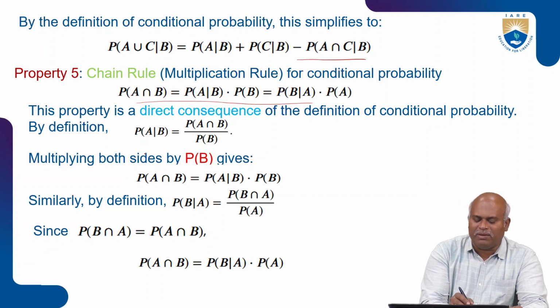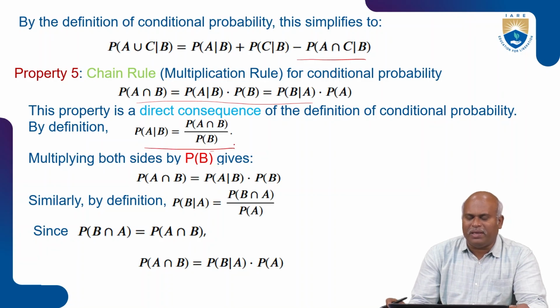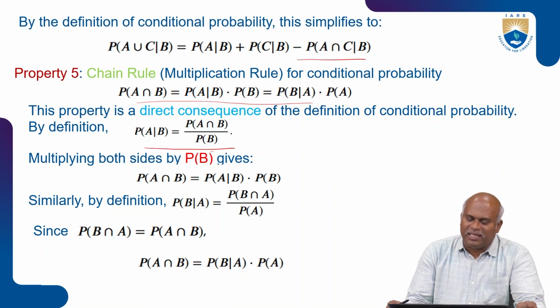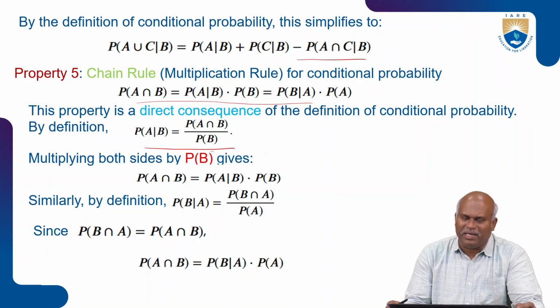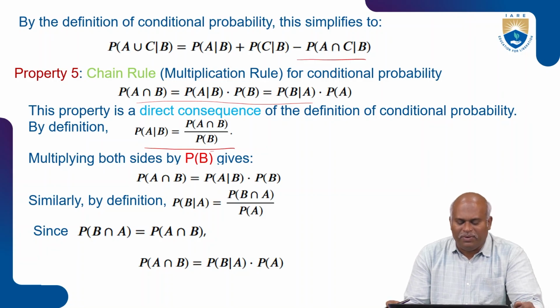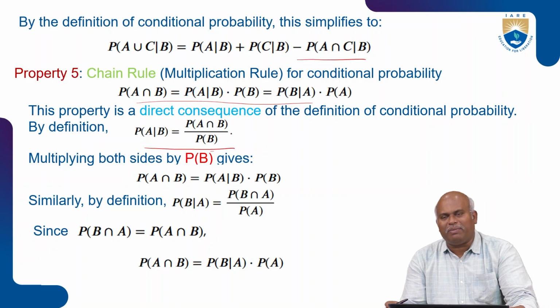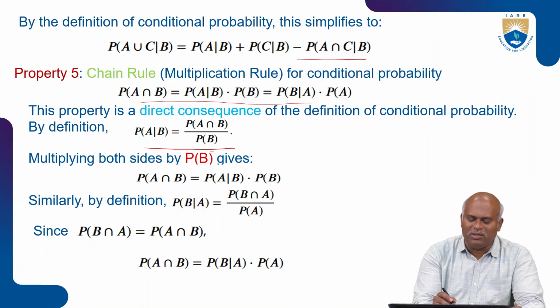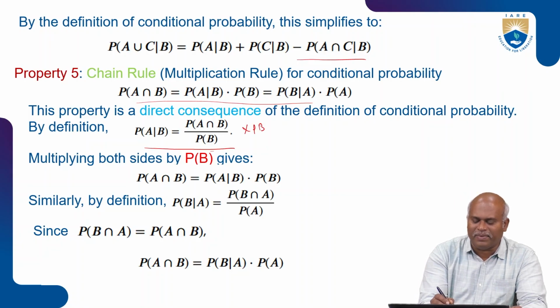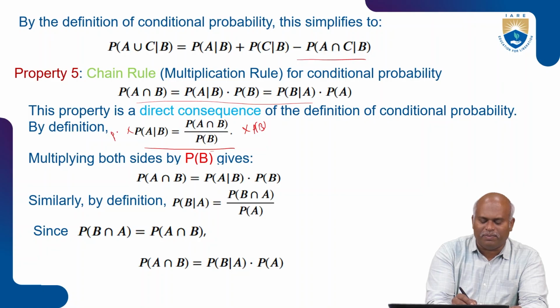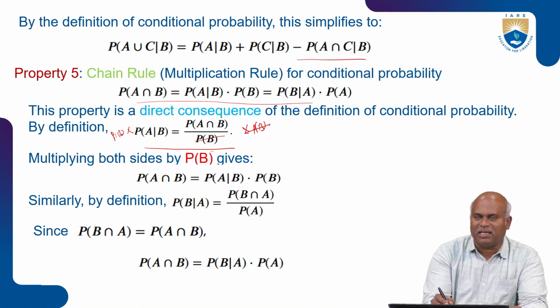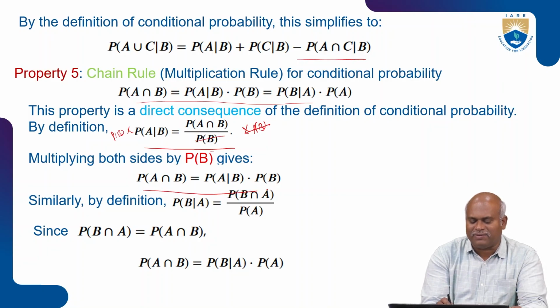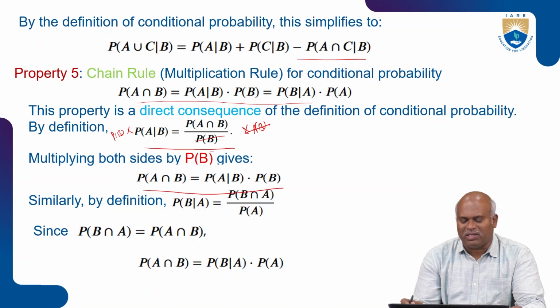We know the conditional probability equation: P of A given B is equal to P of A intersection B divided by P of B. In this case, we multiply both sides by P of B. Here also P of B, here also P of B, and these two cancel. So I write the equation in this form: P of A intersection B is equal to P of A given B times P of B.